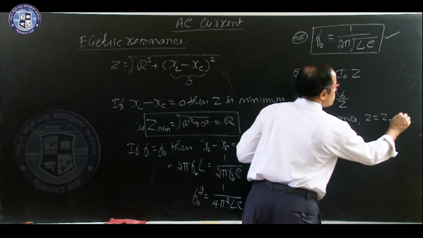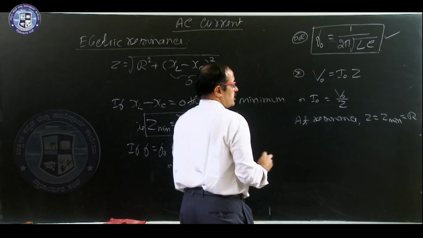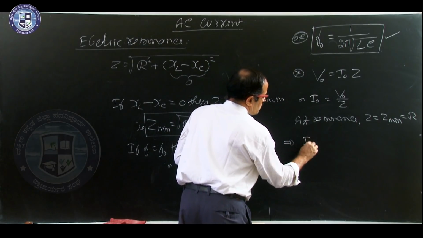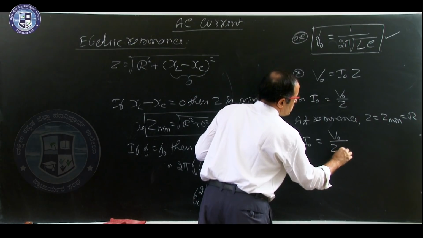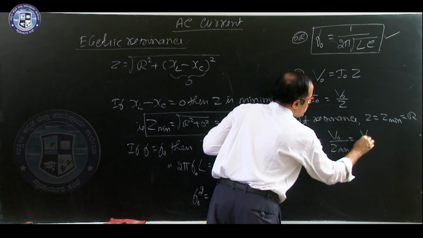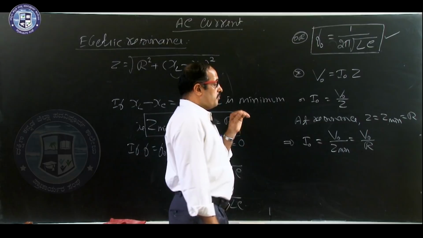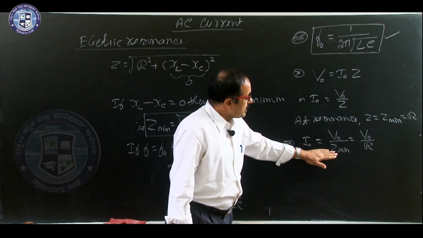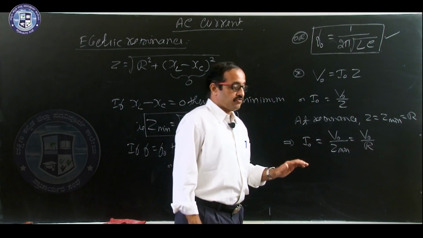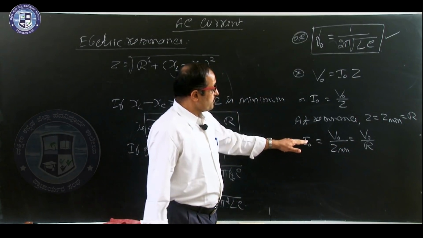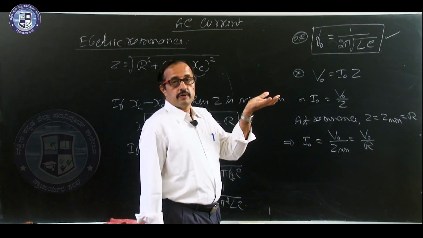R. Implies that I naught is equal to V naught by Z minimum, that is V naught by R. But look here, whenever impedance becomes minimum, equal to resistance, then definitely current will be maximum.